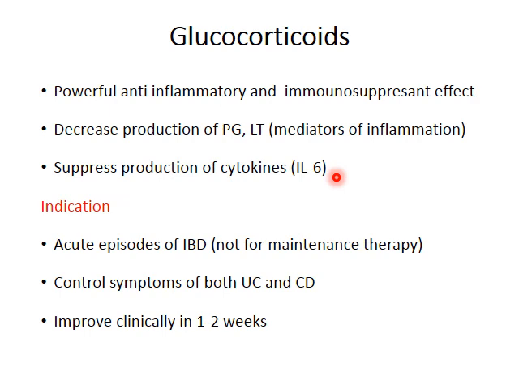So they are indicated mainly for the treatment of acute episodes of inflammatory bowel diseases, but are not useful in maintenance therapy, because long-term use of steroids is not advisable. So they are only used for an acute episode. Once remission is developed, then the patient may be switched over to 5-aminosalicylic acid derivatives. It basically controls both the symptoms of ulcerative colitis as well as Crohn's disease.